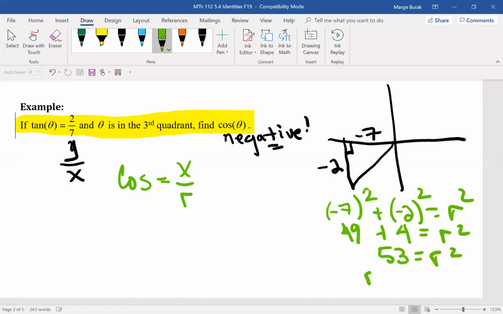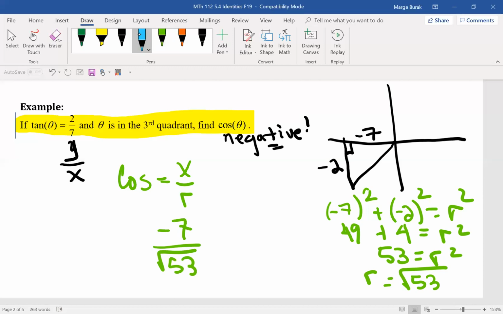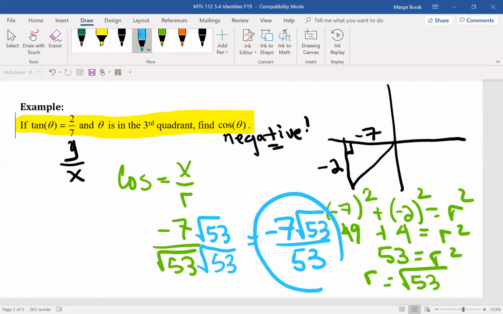So r is going to be the square root of 53. And our cosine is x, which is -7, over r, which is the square root of 53, which is not acceptable because there's a radical in the denominator. So let's rationalize that denominator. And we'll get -7 times the square root of 53 over 53 is the exact answer. And let's take a break right here on this video, and we will continue in the next problem.